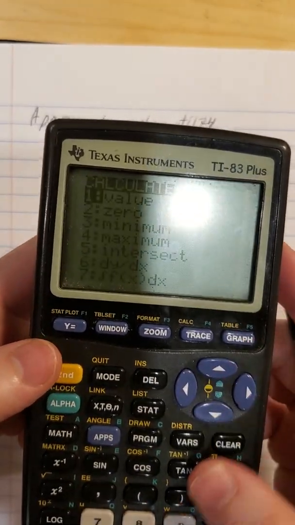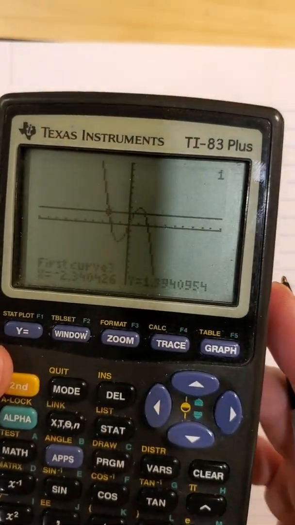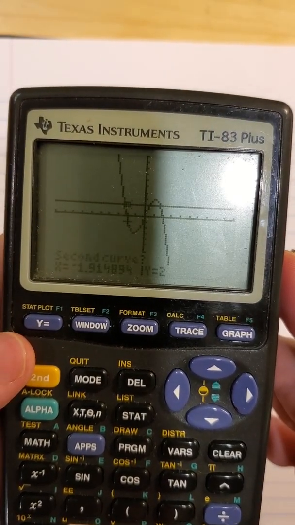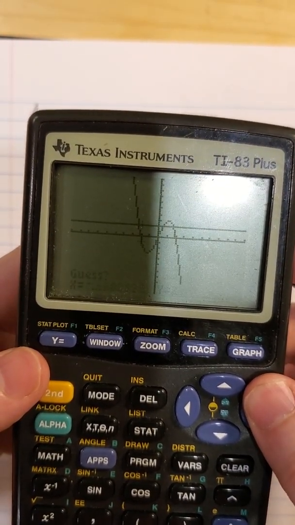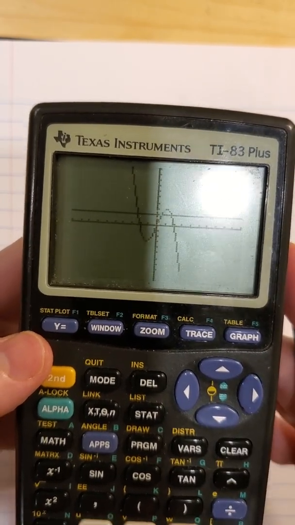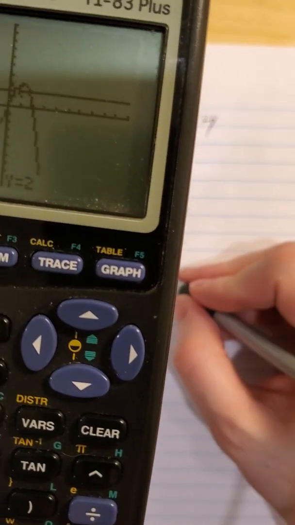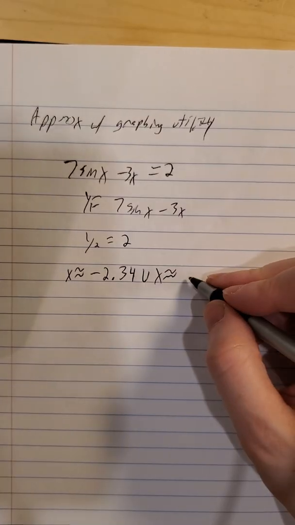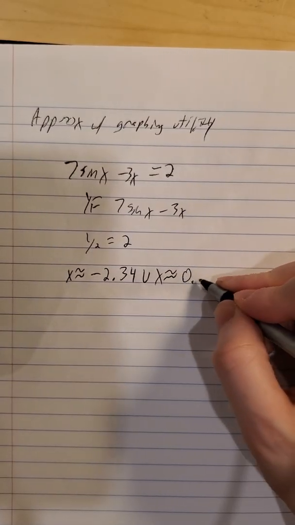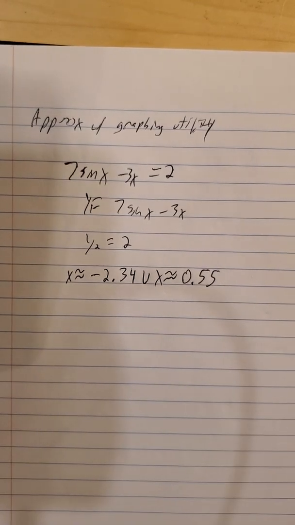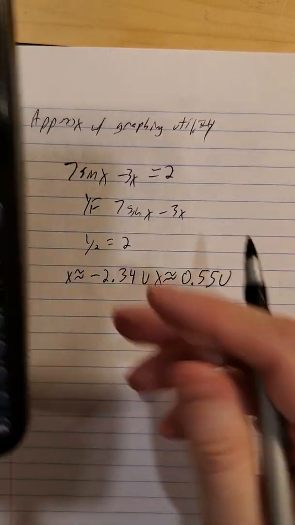So second and calculate, where they intersect. First curve y1, second curve y2, and a guess. It'll think for a minute after we get it close. X is then approximately 0.547. We call it 0.55. So we round, not truncate. And then one more.